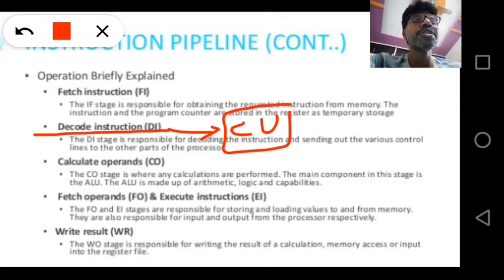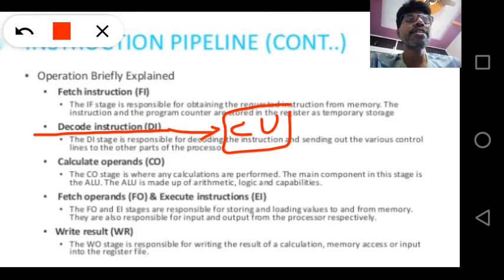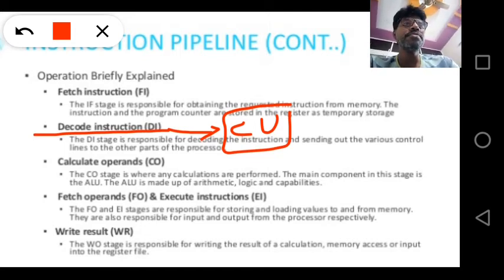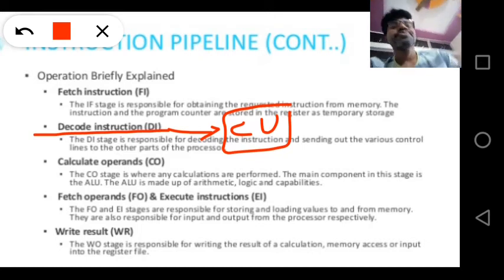The main component in this stage is ALU. ALU is made up of arithmetic and logic capabilities. Next, fetch operands and execute instructions. These stages are responsible for storing and loading values to and from memory. They are also responsible for input and output from the processor respectively.